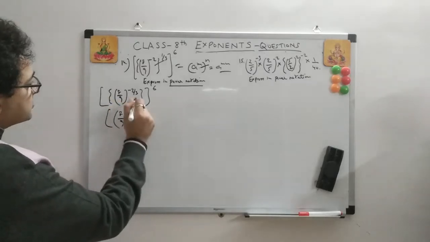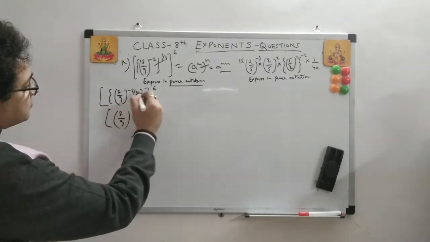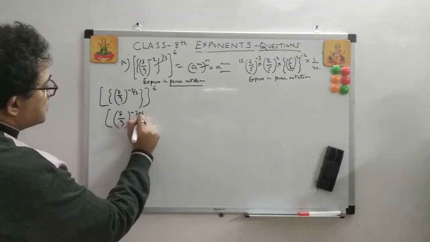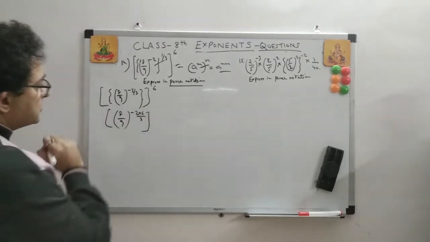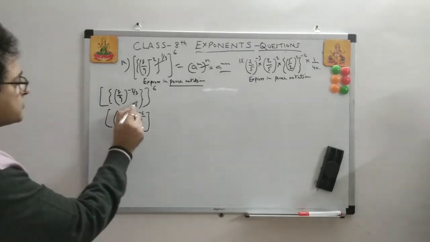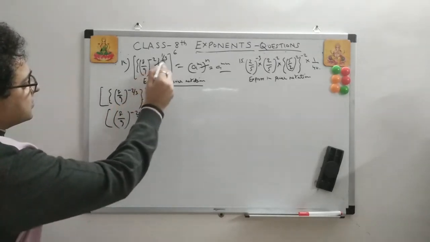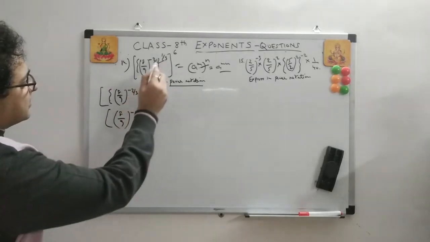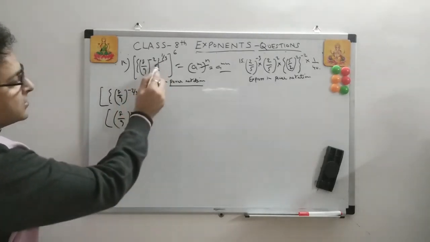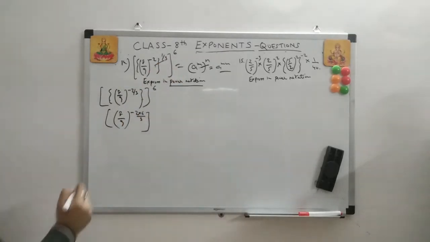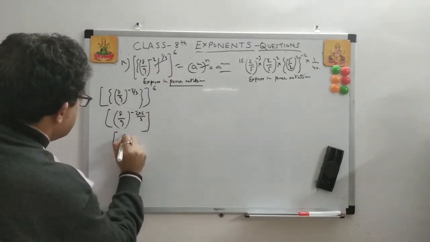These brackets are removed because now I am solving it. This is again to the power of 6, so you can write this as minus 2 into 6 by 3. I close it. So now I've solved these two. First I solved these, and whatever I got from here, I multiplied by 6. So this becomes 8 by 9.